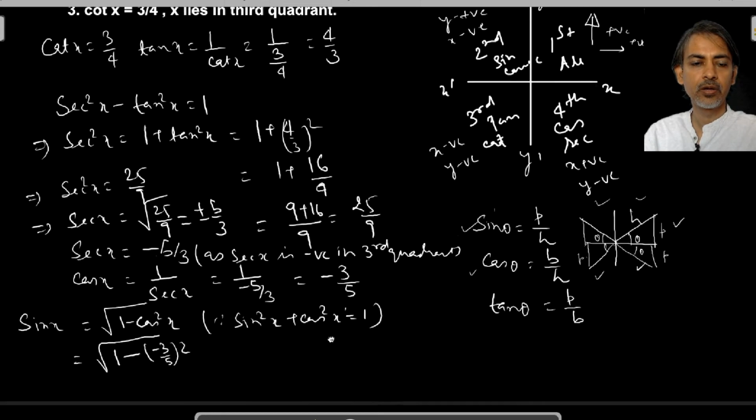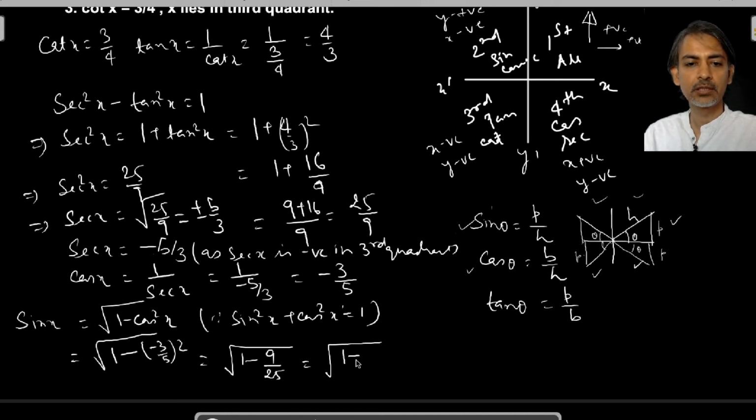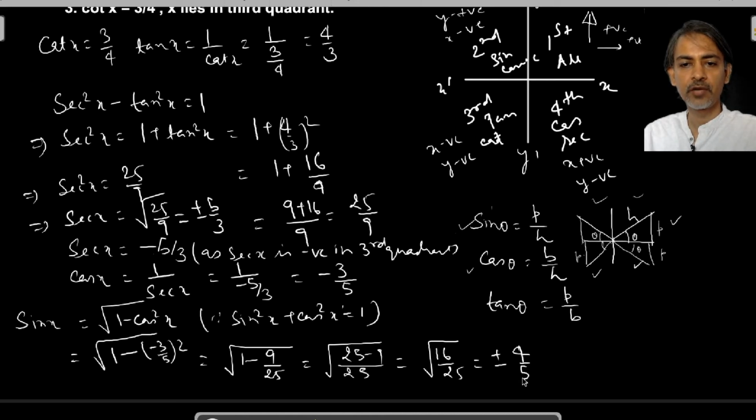Now what you will get here is 1 minus 9 by 25. Let's take the LCM 25: 25 minus 9, which is 16 by 25, which will be plus and minus 4 by 5.